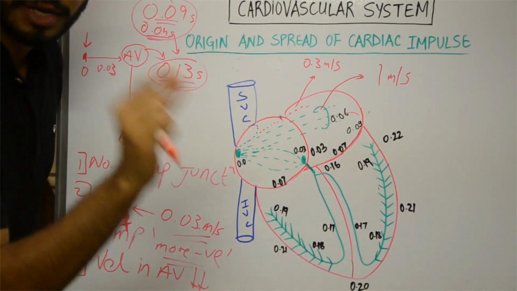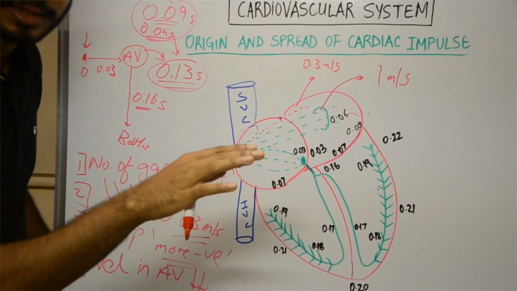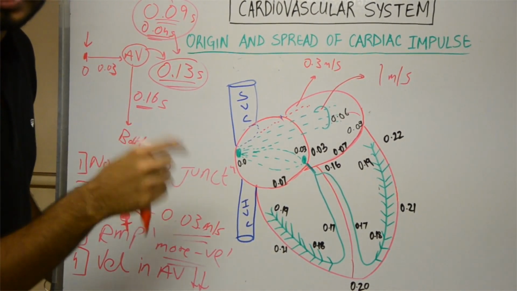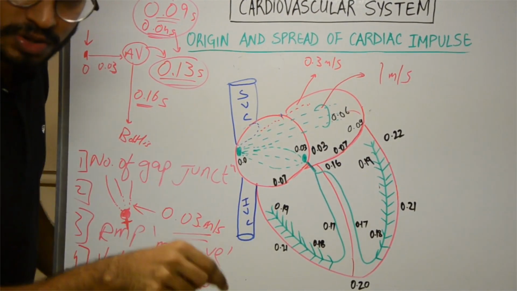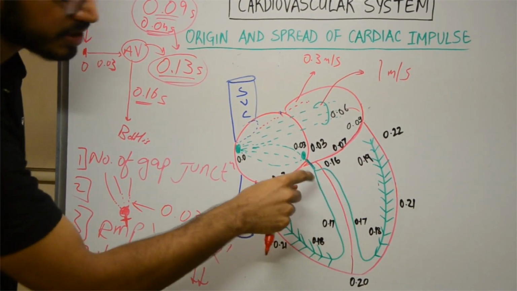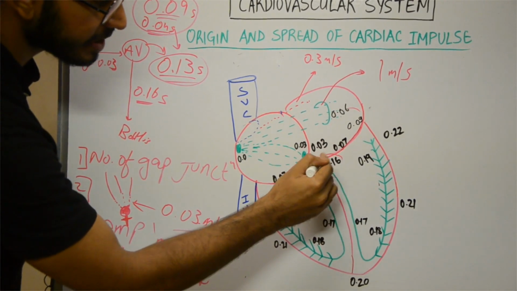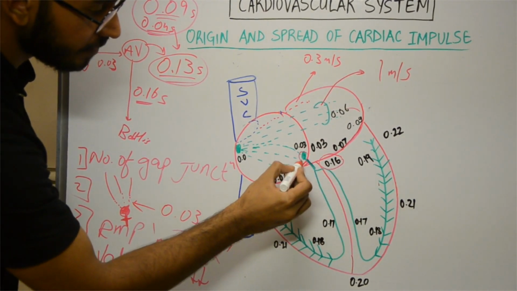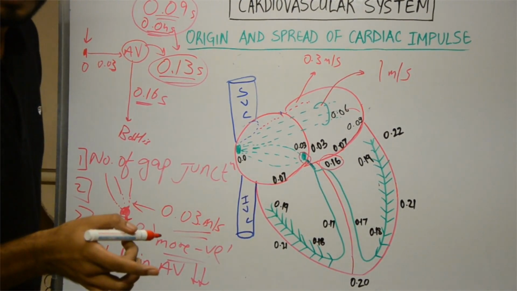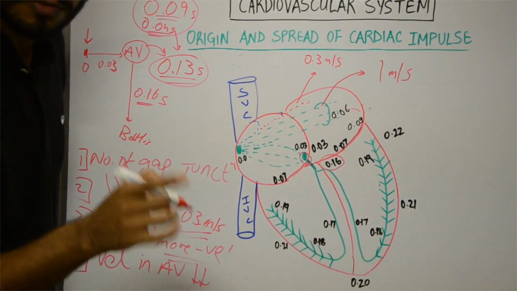In the actual AV node there is a delay of 0.09 seconds, but in the initial part of the bundle of His there is a delay of 0.04 seconds, so that when the impulse comes out, before it divides into these branches, it has a delay of 0.16 seconds: 0.13 because of the AV node and bundle of His, and 0.03 because of the internodal fibers, right?